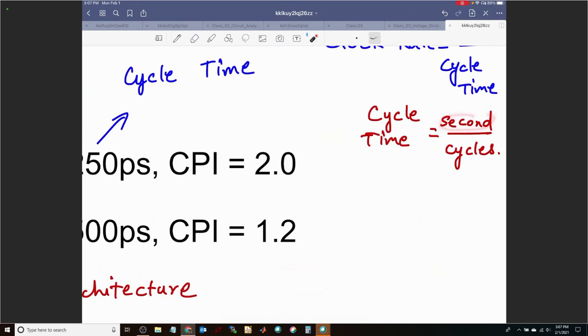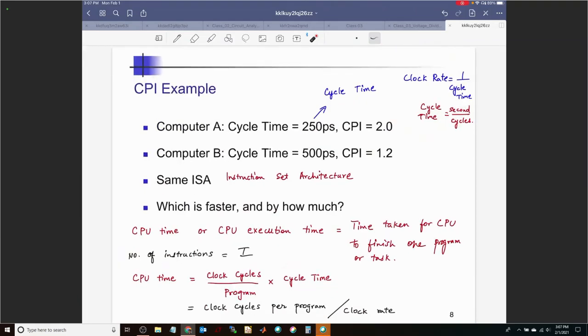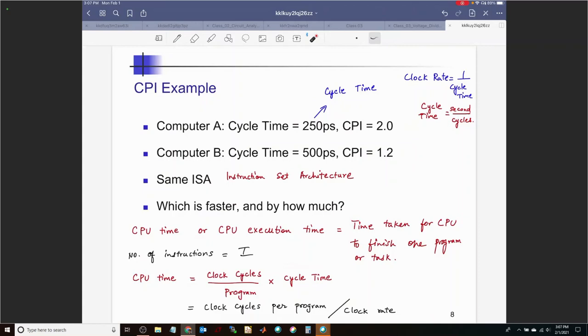Cycle time is the time taken for a given number of cycles. That would be seconds per cycle. All right. So let's try to compute the CPU time for computer A.